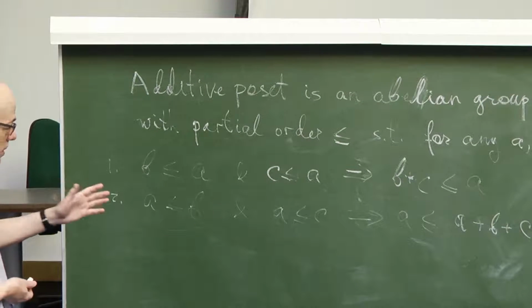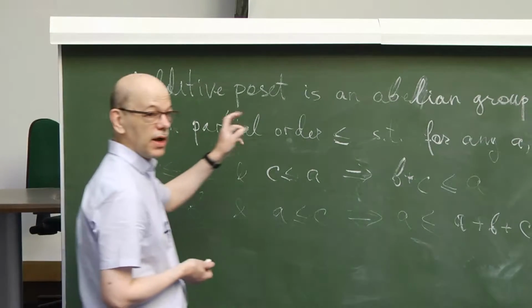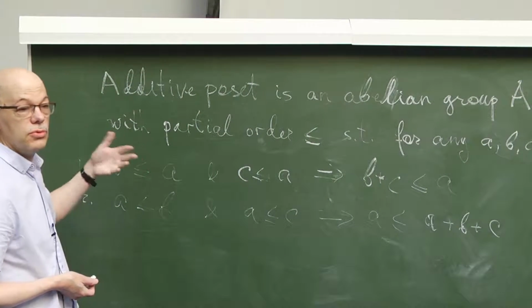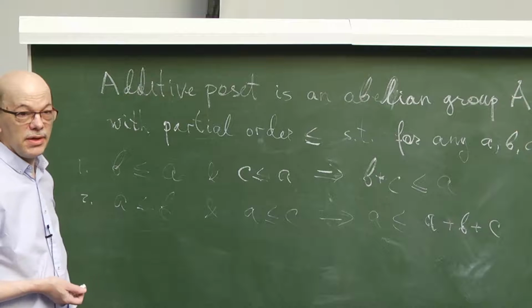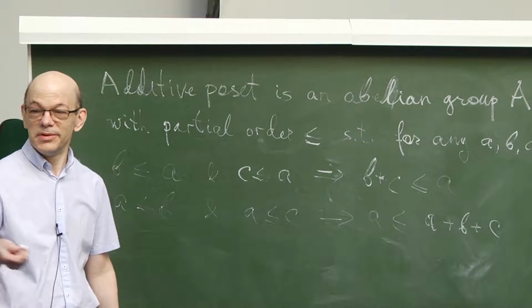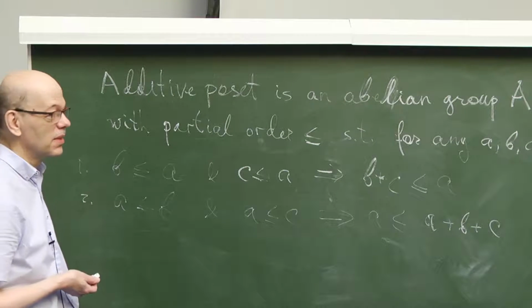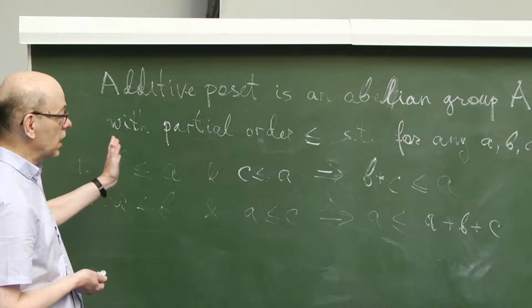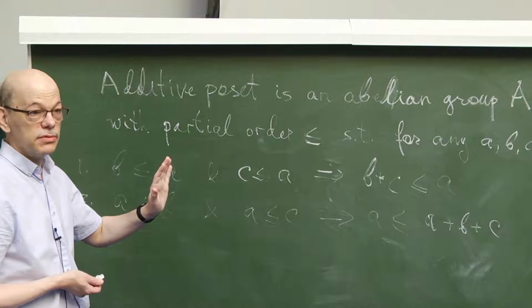Now, I don't know whether it is new. I tried to find this definition in the literature, and I failed. So I consider it a new notion. If not, let me know. All right. This is a notion I need to answer this question about graphs.